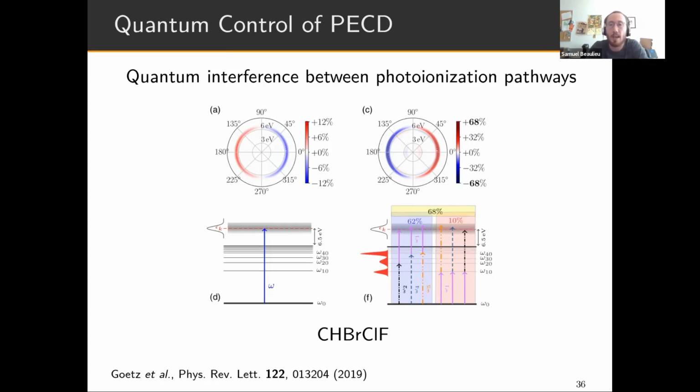Synthesizing such a pulse in the lab is very challenging for now, but it's interesting to know that this chiral asymmetry in photoionization can potentially be optimized using the standard coherent control scheme that we know in multiphoton ionization.